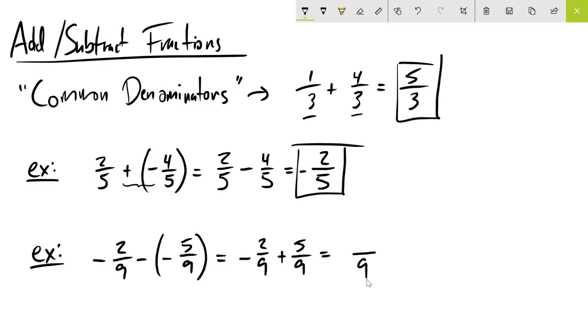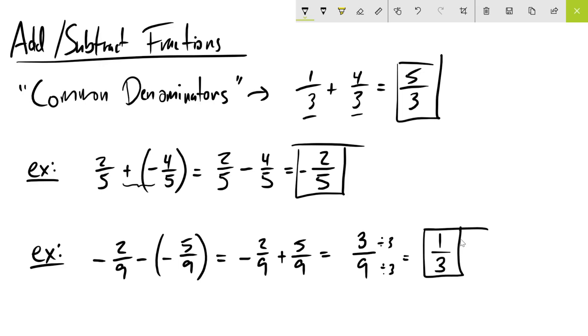We're in ninths. So if you're at negative 2, and then you add 5, where is it going to take you? Positive. Negative 2 plus 5 is 3. And then that's reducible. Remember, you should always reduce your fractions. 3 and 9 are both divisible by 3, so this one is going to come out to be 1/3.